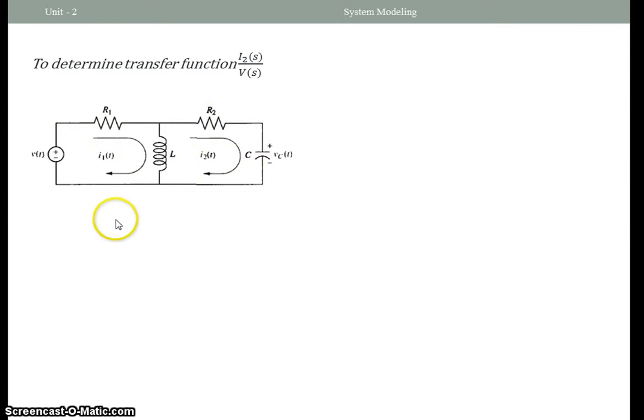So to determine the equations, we will use loop or mesh analysis. So we will determine the equation in each loop.